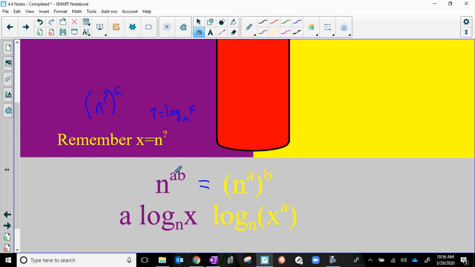If you have a product here, this becomes a power to a power. If you have a power to a power, remember, n to a power is representing x raised to another power. You just take this power and bring it out in front. And that's what we're seeing over here on the other side. So there's our third rule that we're going to use for logarithms.